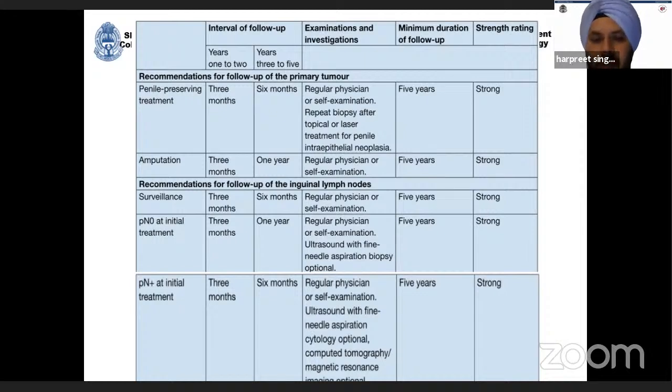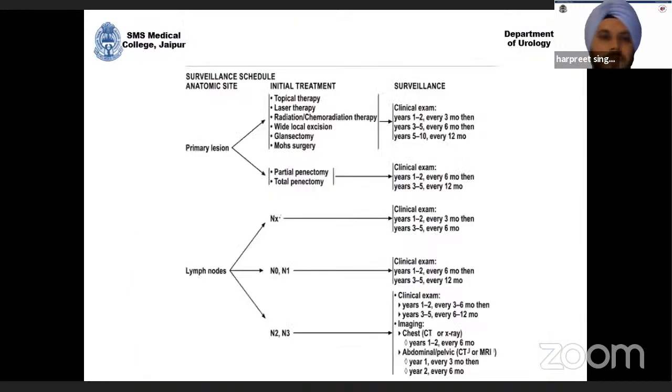Ultrasound-guided FNC is optional. In patients who have lymph node metastasis at the initial treatment, follow-up should be at 3 months or at 6 months with physical examination, with ultrasound-guided FNC or CT scan; MRI may be an option.